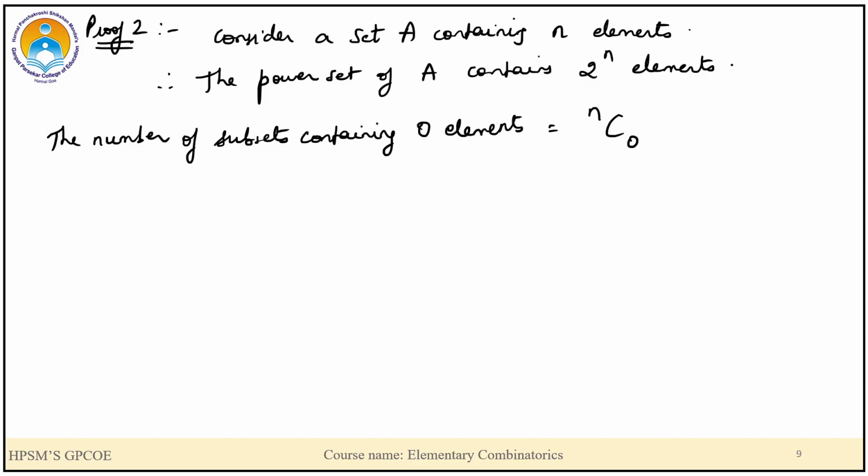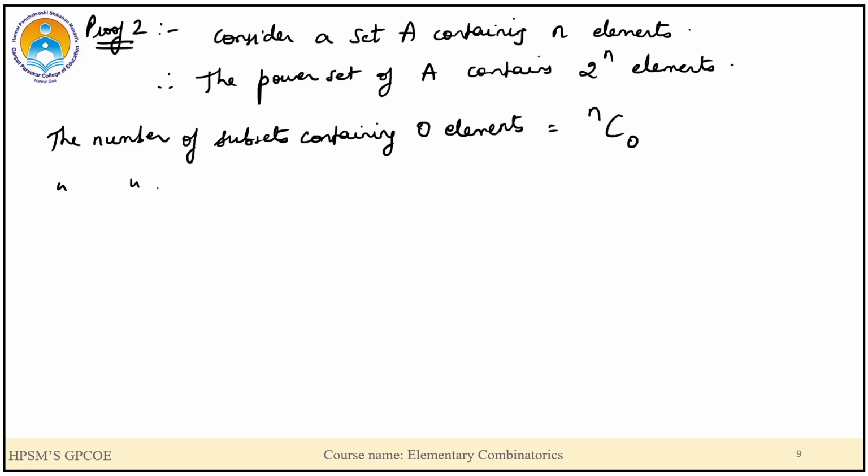Basically, this is the empty set. The empty set is the subset of every single set, and it is the only set which contains 0 elements. Now, how do I form that? I have n elements, I am choosing nothing out of those n elements. So I get nC0 ways of forming a subset containing 0 elements.